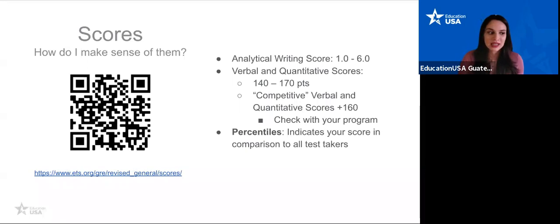There is this comparison, which is this percentiles concept. Your score will be compared to other people who took the tests. And this will be explained in your results when you receive them. And you can read up more in detail then. But you have to understand there will be a curve, and you'll see how you did towards the 100% of people who took the test.